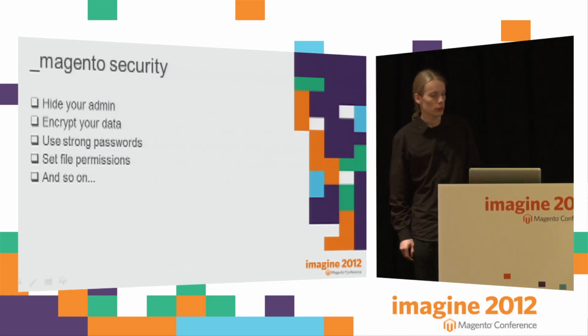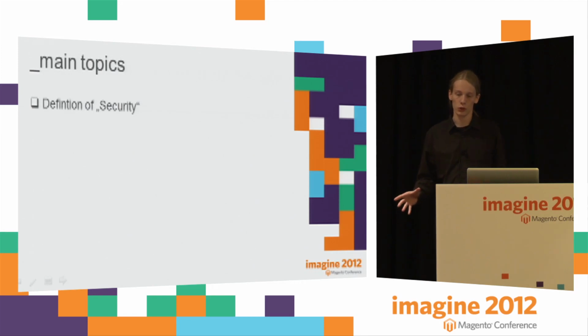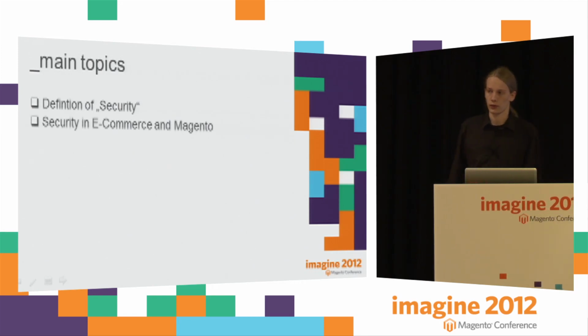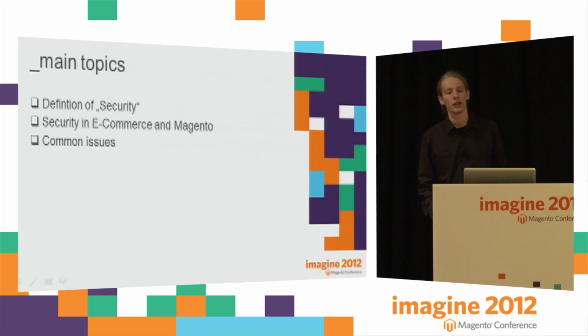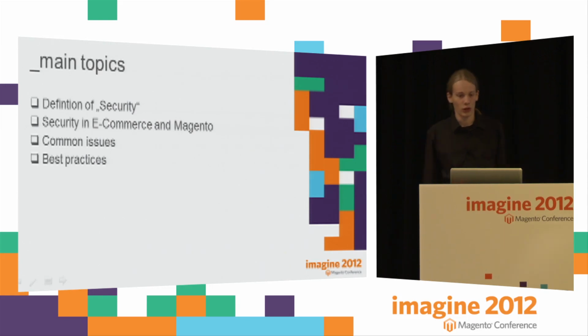What I'm talking about today is this. The definition of security, for sure: what does it mean? Then a quick overview about security in e-commerce and in Magento. Then the most common issues, the most bugs and mistakes people made. Then for sure the best practices to show you how you can secure your software.